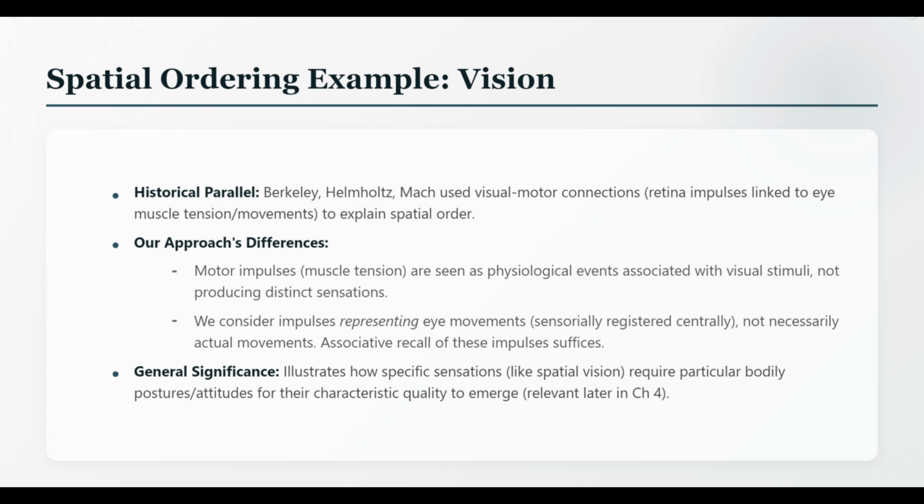Instead, we propose that the brain forms connections between visual impulses and the impulses representing the intended or actual eye movements. Crucially, these movement impulses could arise even without actual movement, just through association. The key takeaway here is that complex sensations like spatial perception often rely on the interplay between sensory input and the body's state or posture.